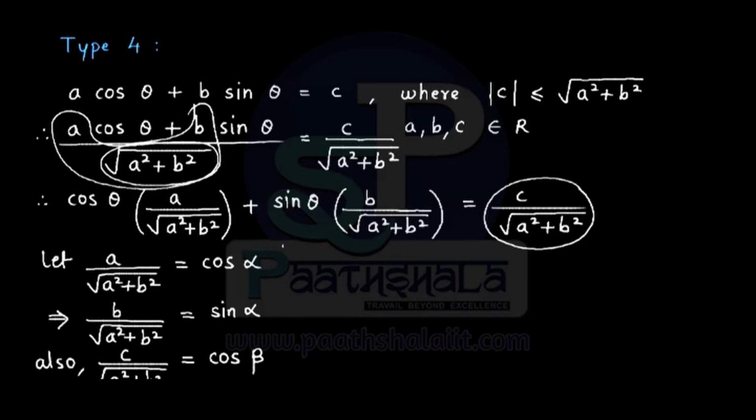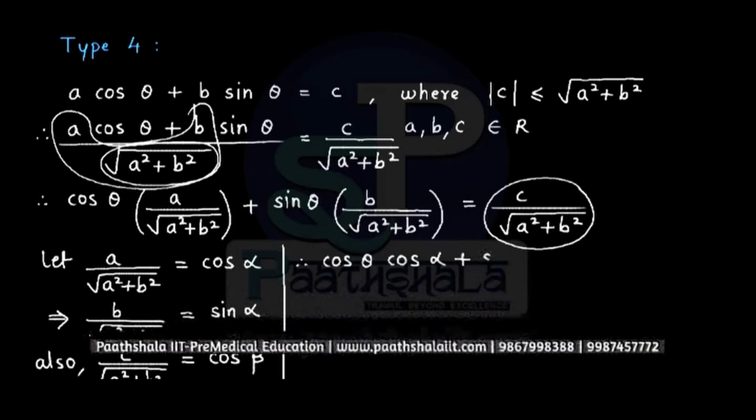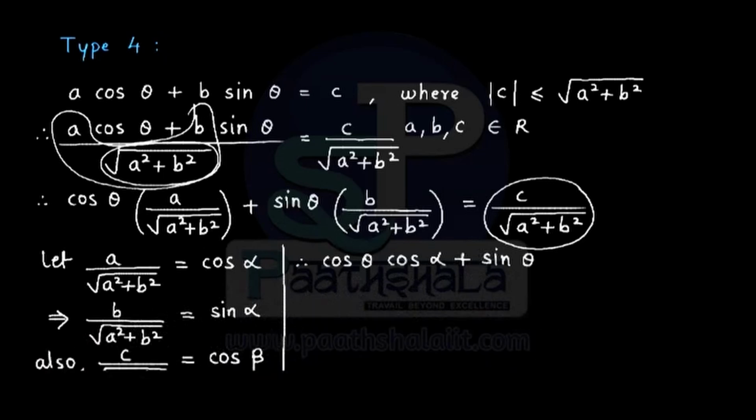So therefore rewriting, we get cos theta into the first bracket in the first term is nothing but cos alpha, so that is cos theta cos alpha plus sin theta sin alpha is equal to cos beta.